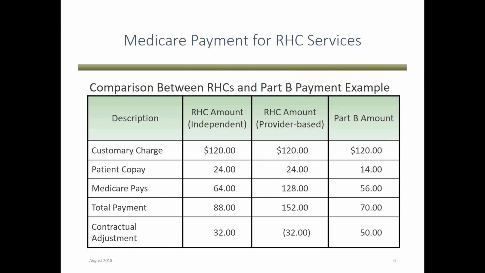Now, in a provider base with less than 50 beds, same scenario. The customary charge is the $120. The patient pays the $24, which is 20% of the $120. Medicare is going to pay them $128. And why is that?